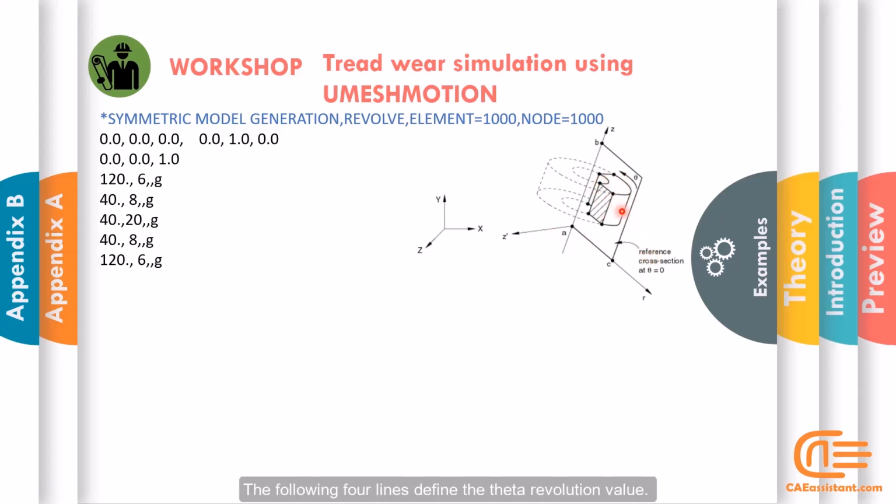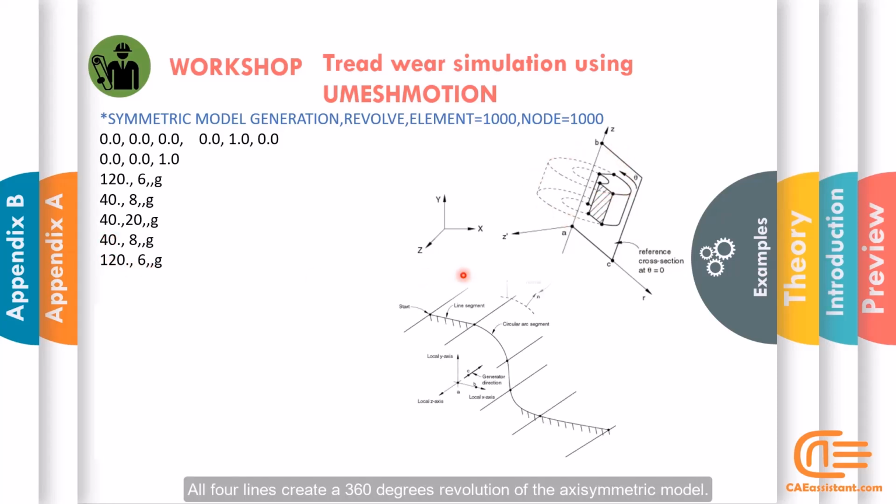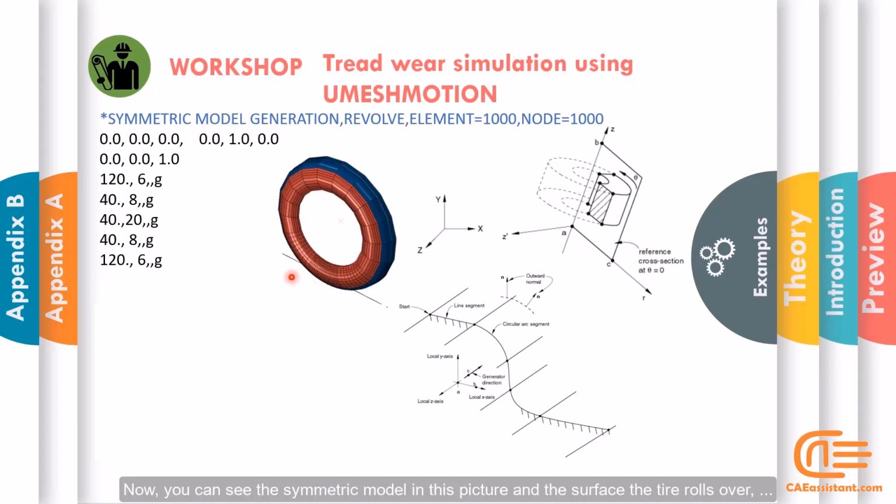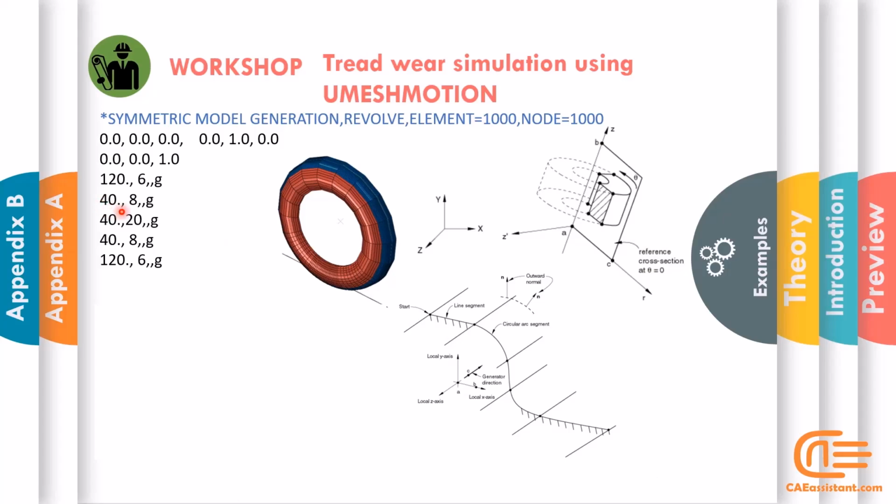The following 4 lines define the theta revolution value. These 4 lines create a 360 degrees revolution of the axisymmetric model. Now you can see the symmetric model in this picture and the surface the tire rolls over, created with the commands we have just discussed.